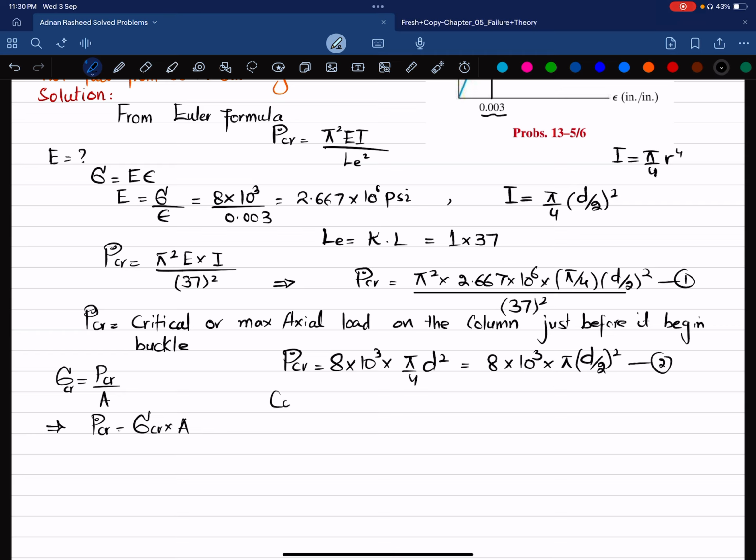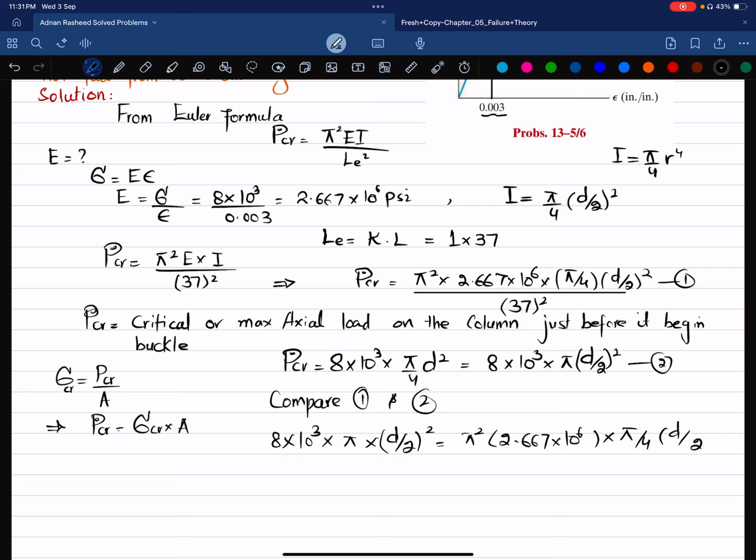Comparing equations 1 and 2, we will get 8 multiplied by 1000 multiplied by pi multiplied by d divided by 2 whole square will be equal to pi square multiplied by 2.667 into 10 raised to power 6 multiplied by pi by 4 into d divided by 2 whole power 4, divided by 37 square.